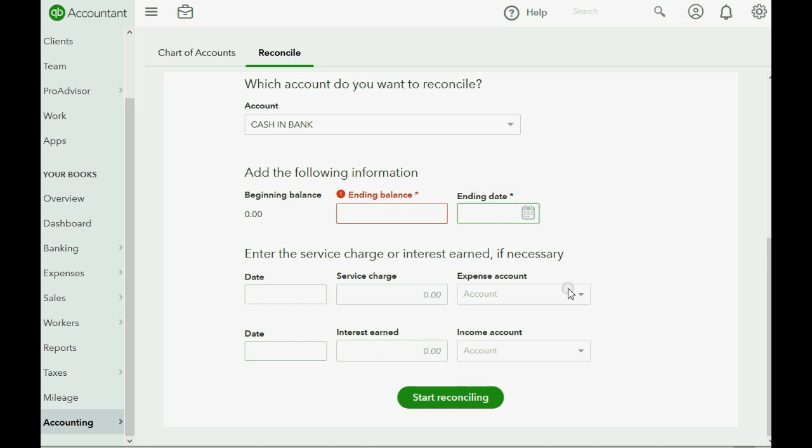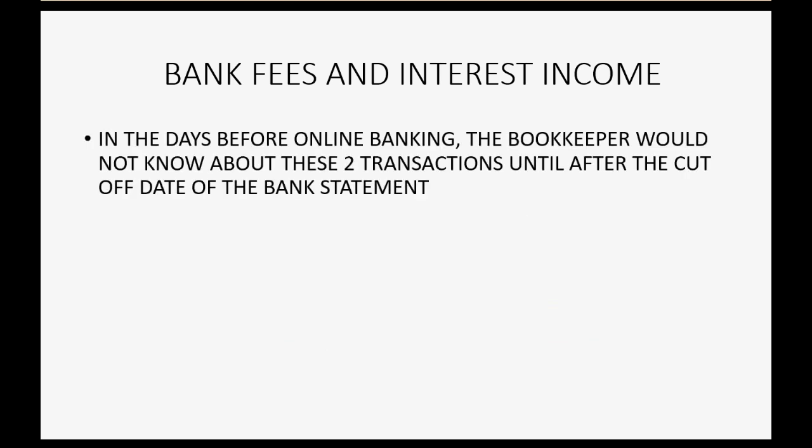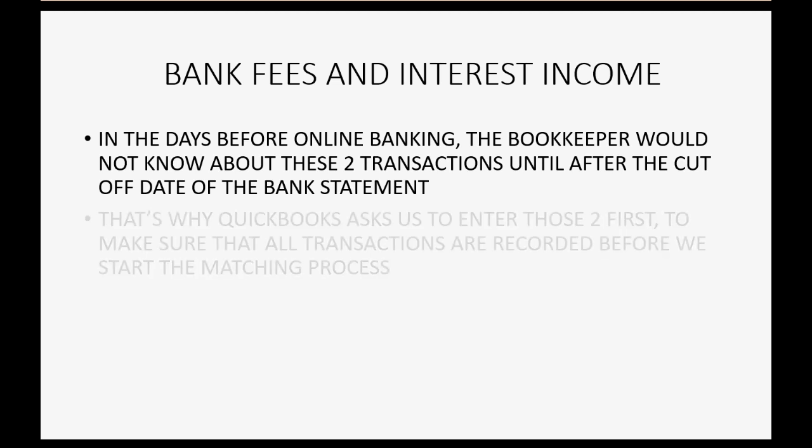Now, this first window also has fields for you to enter bank service charge and any interest earned. Now, why would QuickBooks separate these two specific bank transactions and have you record them here rather than simply record them during the month? Well, there's a reason. In the days before the computer and the days before online banking, the bookkeeper would not know about these two transactions until after the cutoff date of the bank statement.